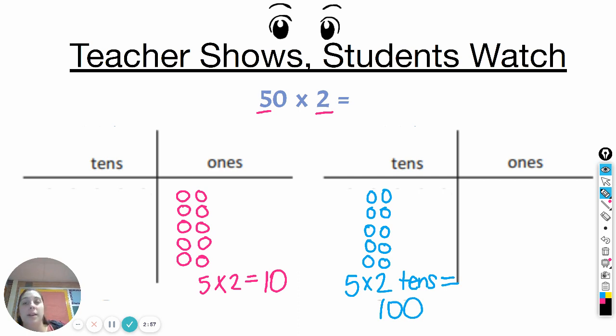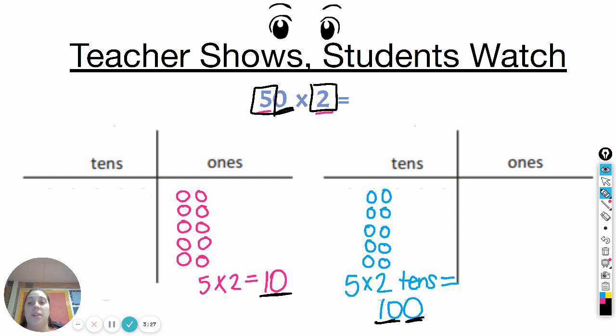Now you might notice when we used this extra 0, over here we just had 10, and over here we had 10 plus the extra 0. So when we're multiplying by multiples of 10, what you can do is just take the two numbers and multiply them and then add the 0 on the end.